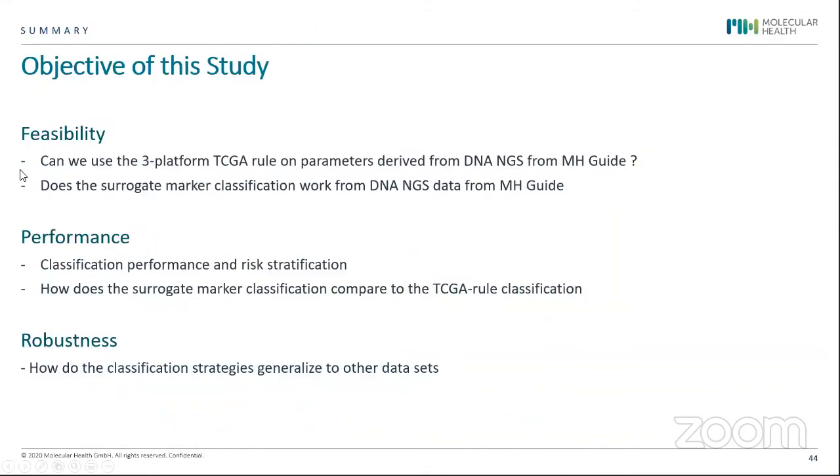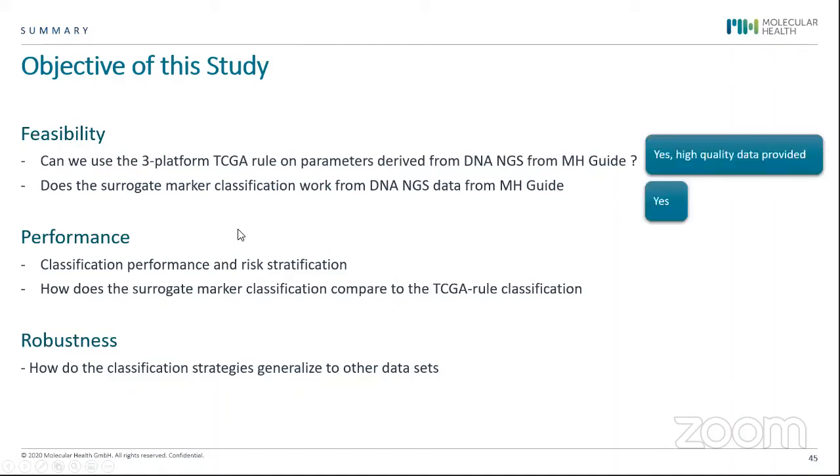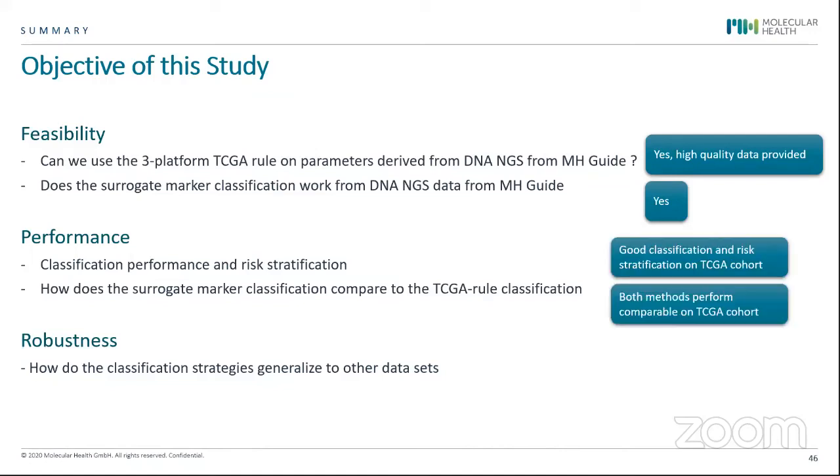So summarizing and coming back to the objectives, the feasibility. In principle, yes, we can even do the 3-platform TCGA rule on parameters derived just from DNA NGS data, given good data quality. And yes, the surrogate marker classification also works from DNA NGS data.